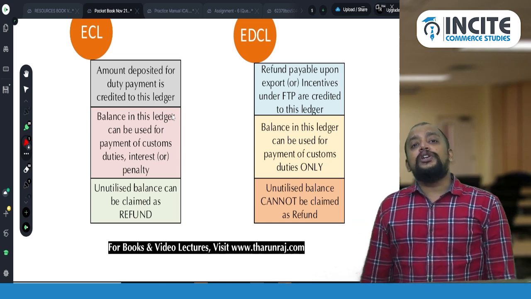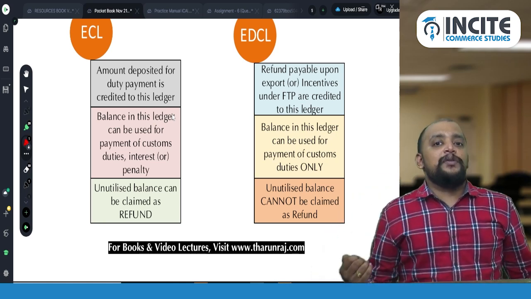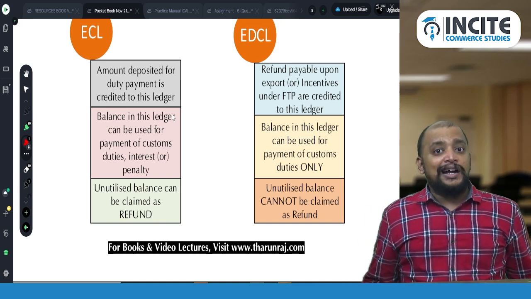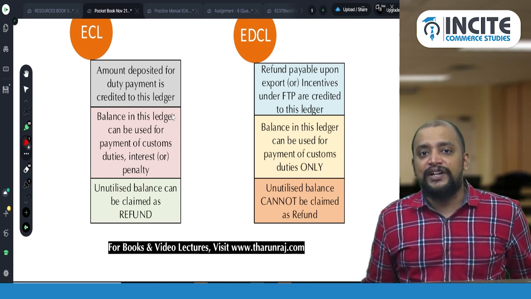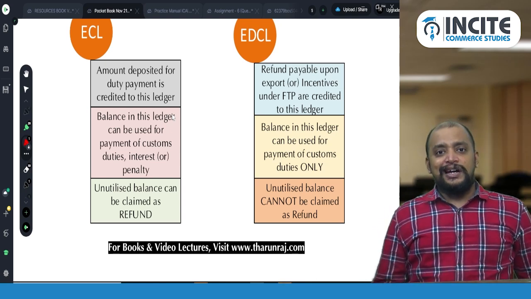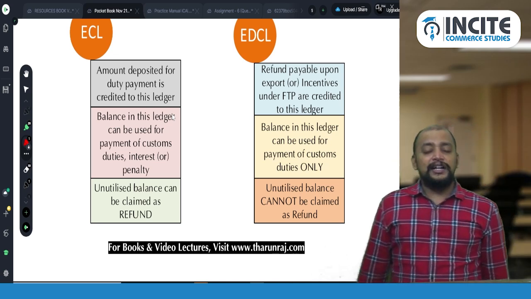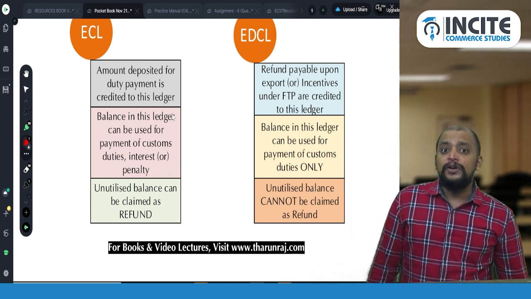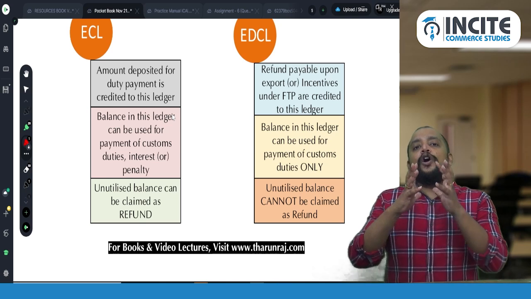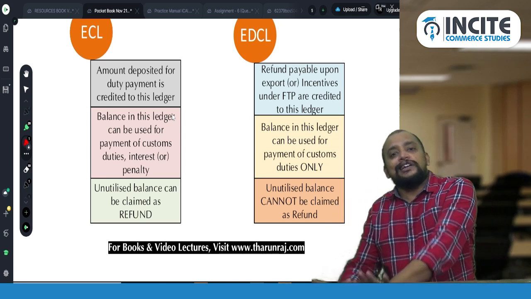Whereas the electronic duty credit ledger is brought in to minimize the cash outflow for the government, because previously all refunds under customs or incentives under FTP they used to give in cash. But now, duty drawback is one incentive, SCIS under FTP is another incentive, and any refund on account of export, all these amounts will now be given into the electronic duty credit ledger.